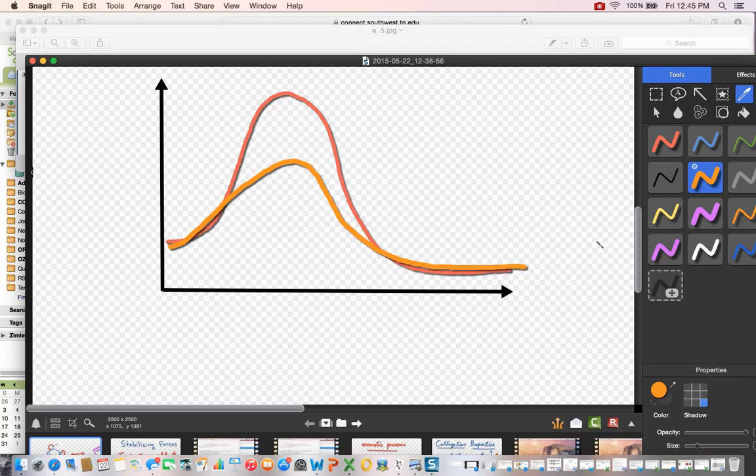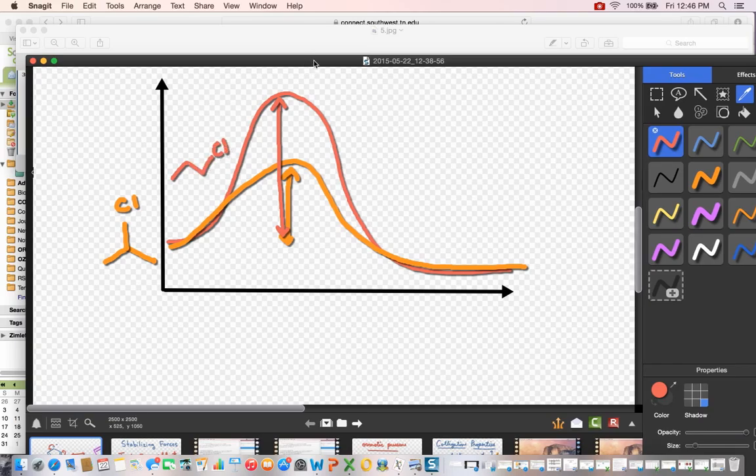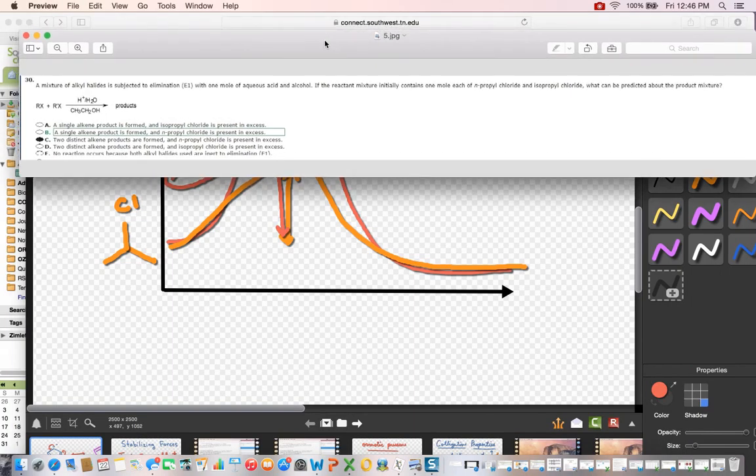They would form the same product, but the difference is here's our activation energy barrier for the isopropyl chloride as opposed to our activation energy barrier for the N-propyl chloride. And so the molecule that reacts is going to be the molecule rendered in orange and not in red. So at the end of this reaction, this should be unreacted starting material that still remains in the system.